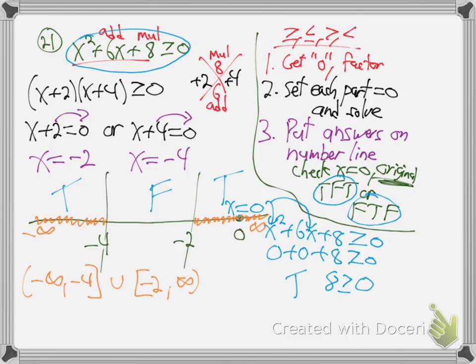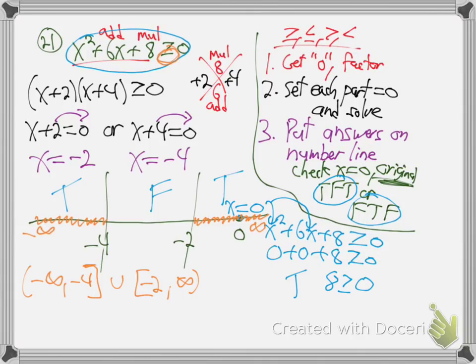Now, why did I use brackets? It's because of the bar here. When the original problem has a bar, like greater than or equal to 0, equal means right on it, right? If it just said greater than 0, then it's just close to 0, but not right on 0. When it says greater than or equal, that means it's right on it.